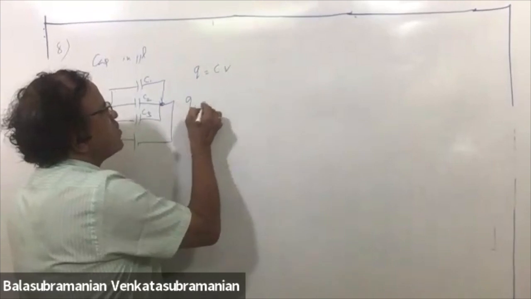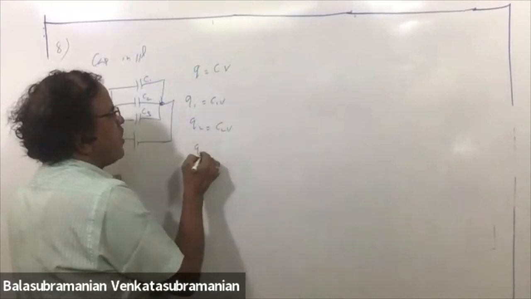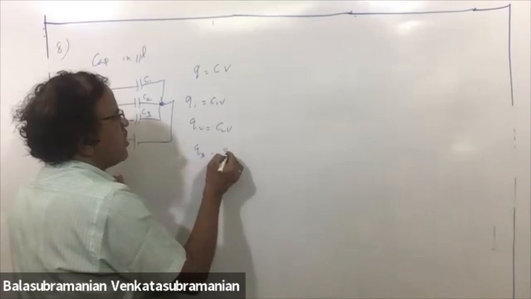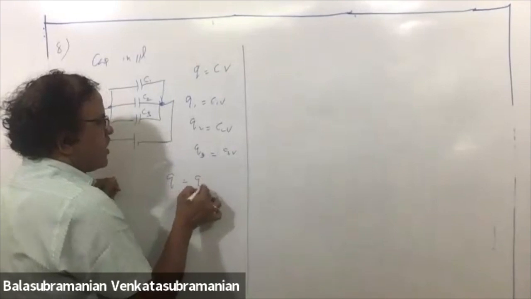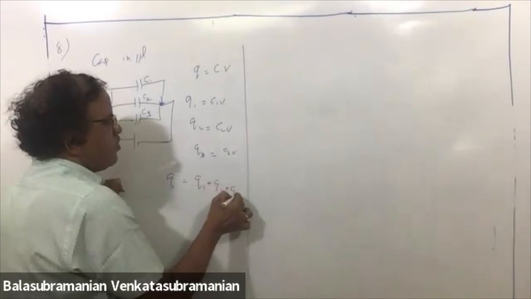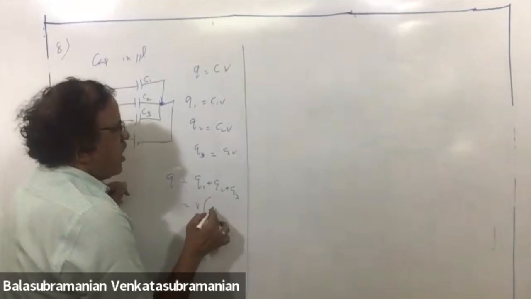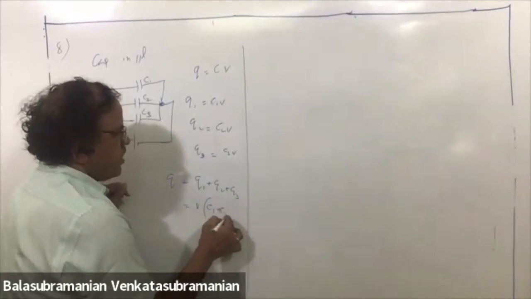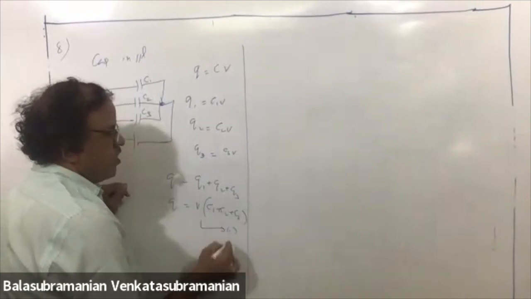So Q1 is equal to C1V, Q2 is equal to C2V, Q3 is equal to C3V. Therefore, total charge is Q1 plus Q2 plus Q3. So I can take V common as C1 plus C2 plus C3.